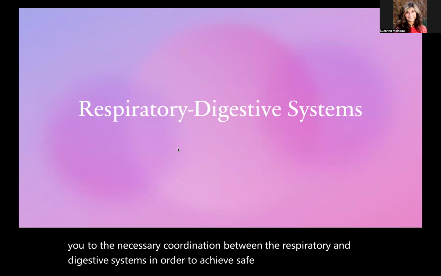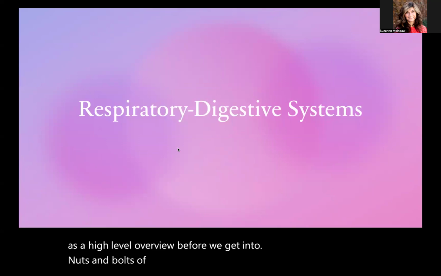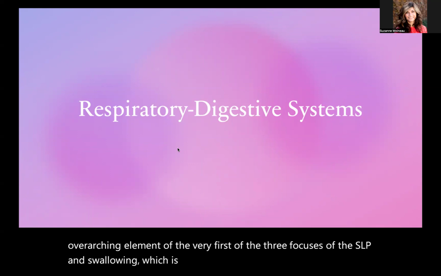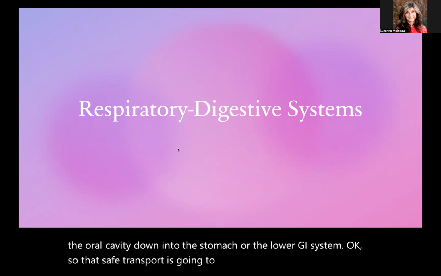So it's meant as a high-level overview before we get into the nuts and bolts of swallowing, so that you're aware of the overarching element of the very first of the three focuses of the SLP in swallowing, which is to ensure safety of transport of food from the oral cavity down into the stomach or the lower GI system. Okay, so that safe transport is going to require coordination between the respiratory and digestive systems.